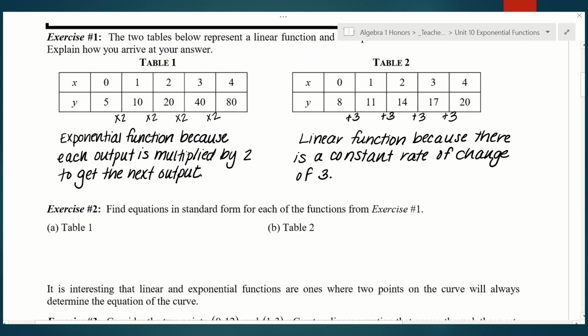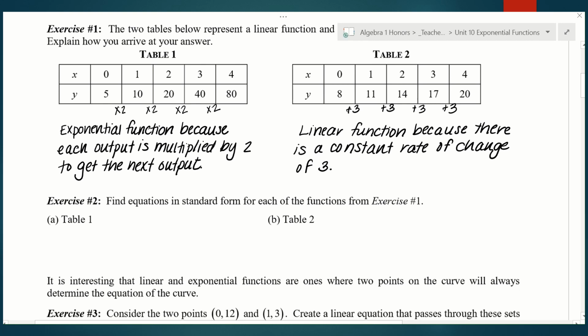Okay, so exercise 2. Find equations in standard form for each of the functions from exercise 1. For table 1, we knew this was an exponential function. Remember, exponential functions have standard form y equals a times b to the x, and what we need to figure out is what a and b are. a is our y-intercept, and we can see from the table that our y-intercept is (0, 5).